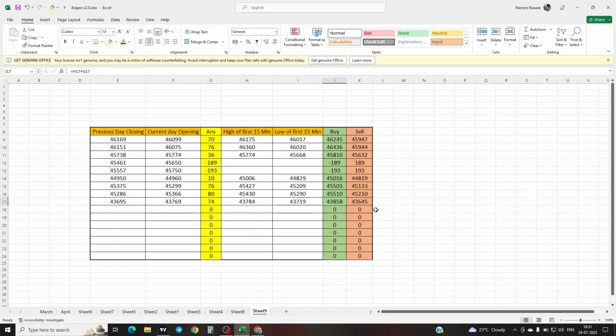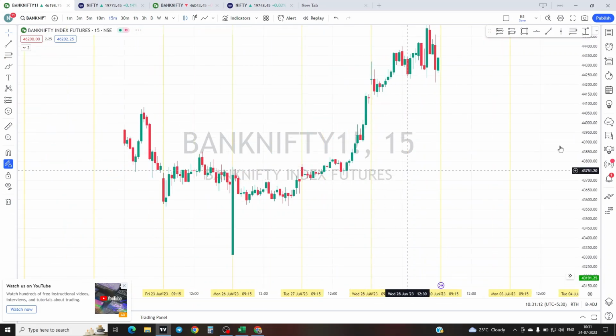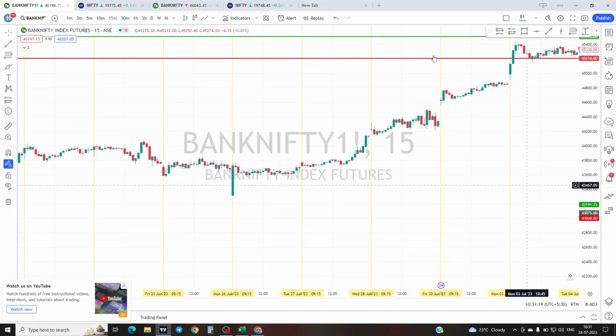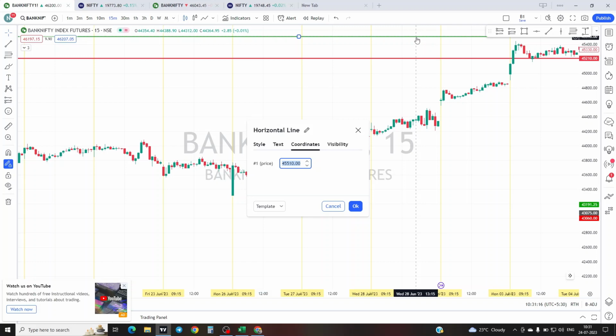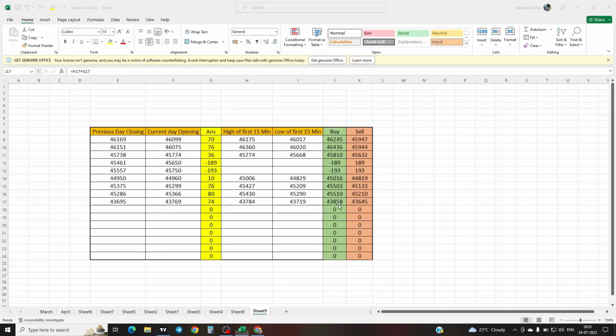And what are the levels we got? The buy level was 43858, and sell level is 43645.